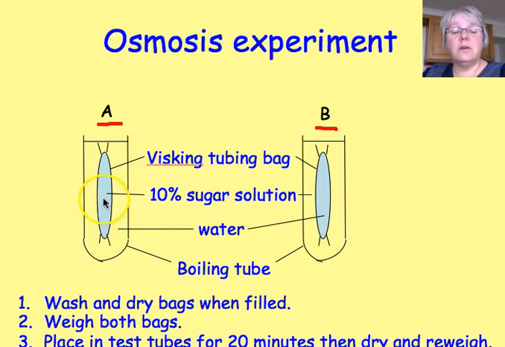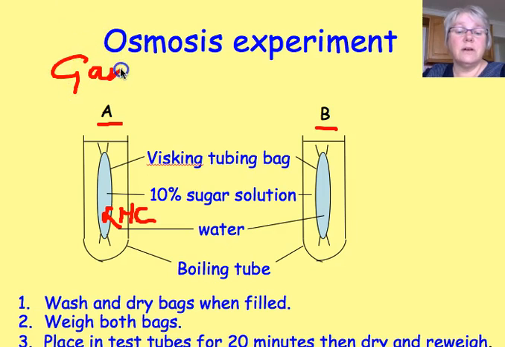Well, let's have a look at our wee rules. We have to identify the water concentration, and in this test tube here, test tube 1, the high water concentration is on the outside of the cell because it's pure water. Therefore, the water is going to move in. So this bag, or this model cell, is going to gain weight.